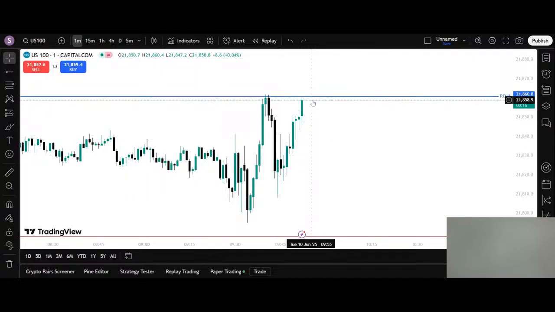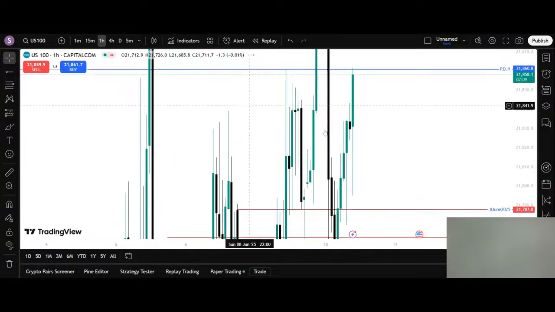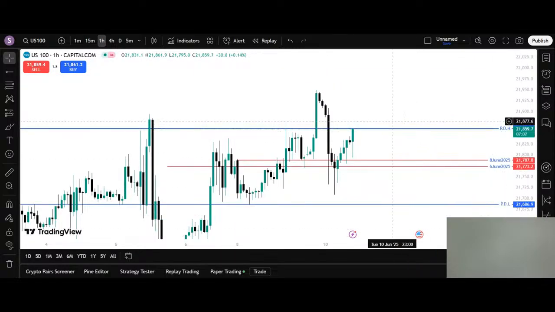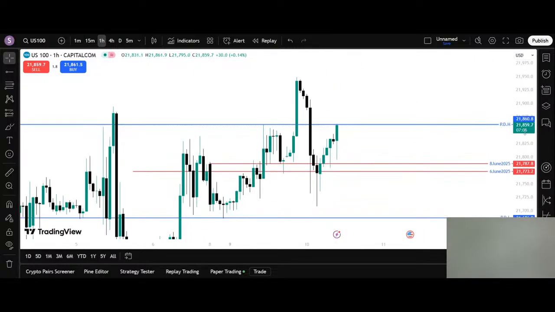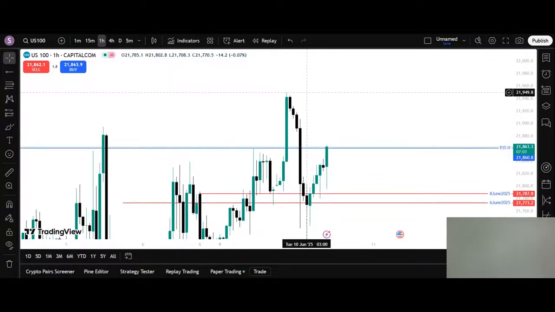And then it's going up again, and we're gonna wait and see. I normally use 1 hour and 15 minutes for my targets. So if price keeps pumping, I'll aim for here, 21,950, the high of this candle.